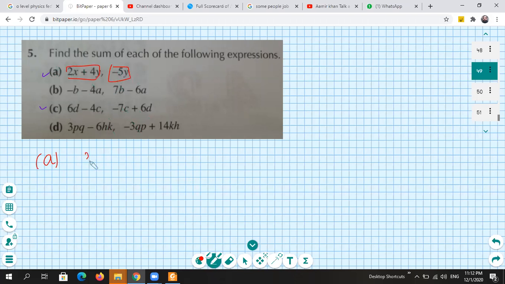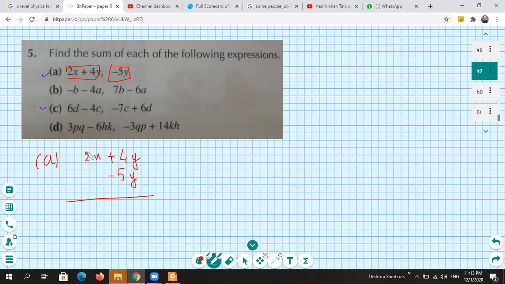I'm writing here the first one, 2x plus 4y, and in the next row the next expression, minus 5y, because y and y are like terms, so they should be written in the column notation.